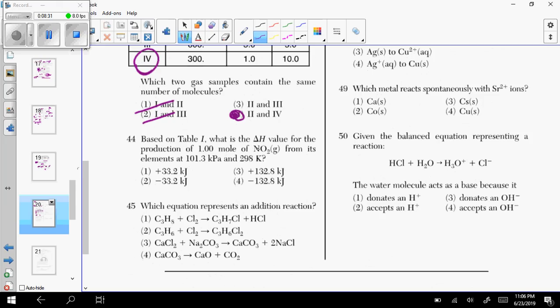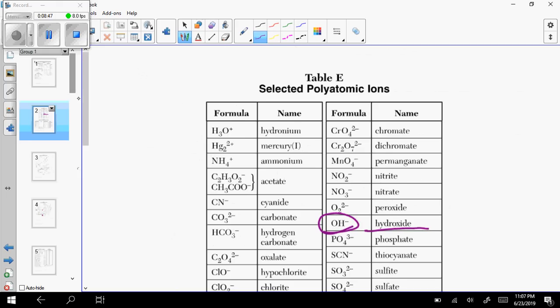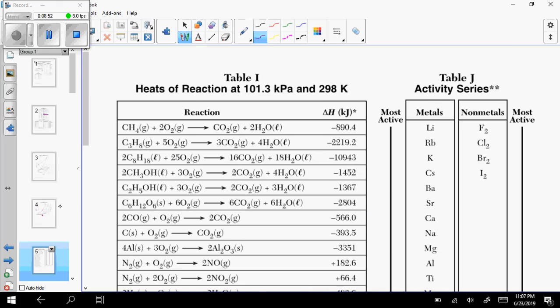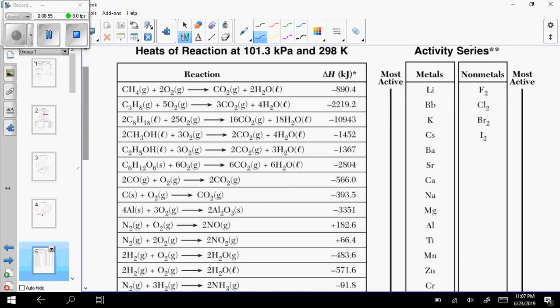Based on table I, what's the delta H value for the production of 1 mole of NO2 from its elements? So delta H for 1 mole of NO2 from its elements, nitrogen and oxygen.